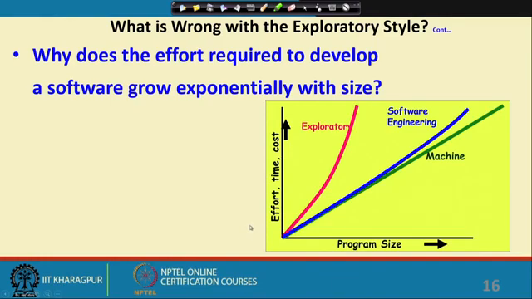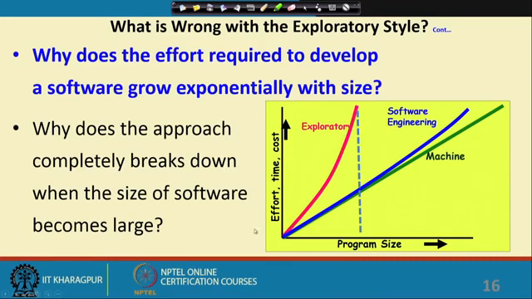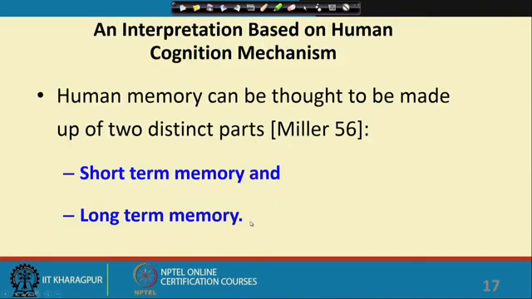What is really the thing that is working here for software engineering? Let us investigate that, because that is a very fundamental principle: why software engineering works, whereas the exploratory style does not.